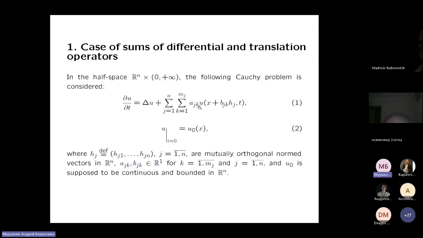If we destroy the non-locality, if we set all coefficients at our translation vectors, all coefficients b_jk, equal to 0, then we obtain not the heat equation. We obtain the heat equation with a potential.